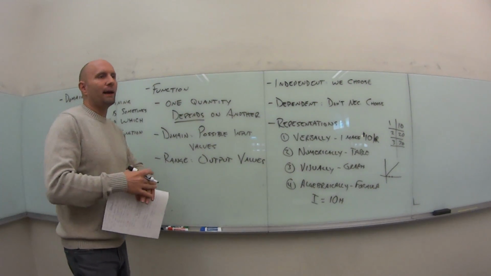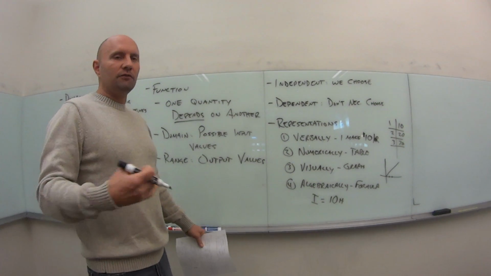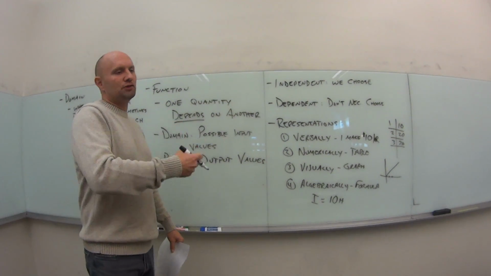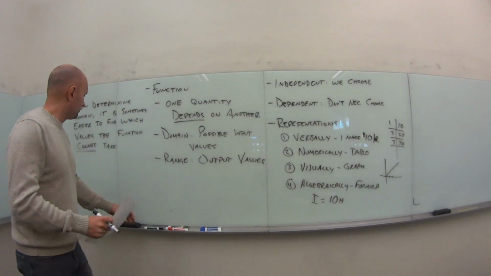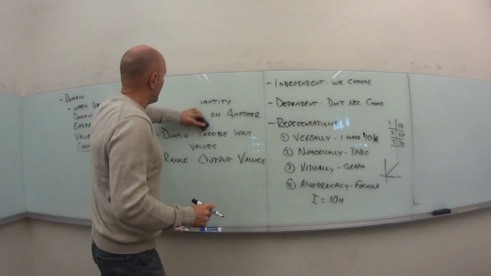So instead of trying to list everything out, it's sometimes easier just to say, well, the function can't use x equals 5. Sometimes a little bit easier to go that route with it.